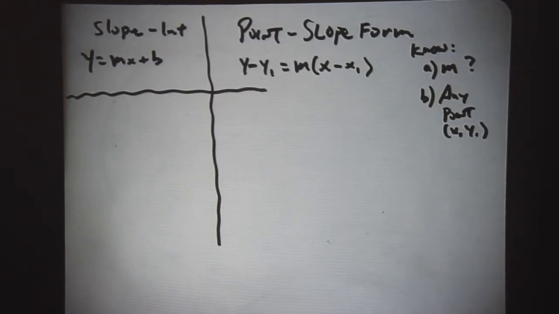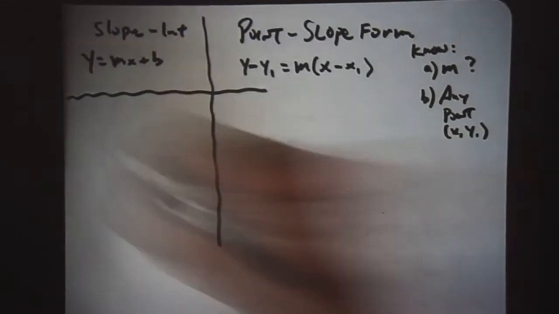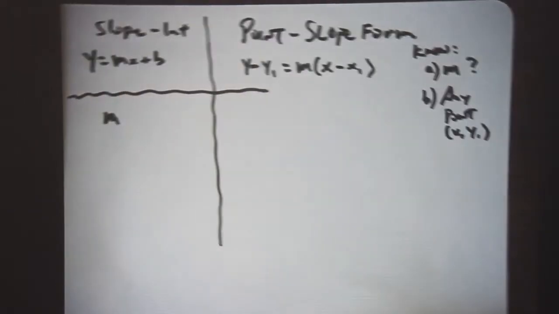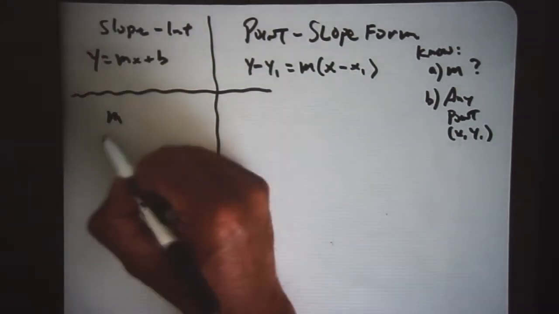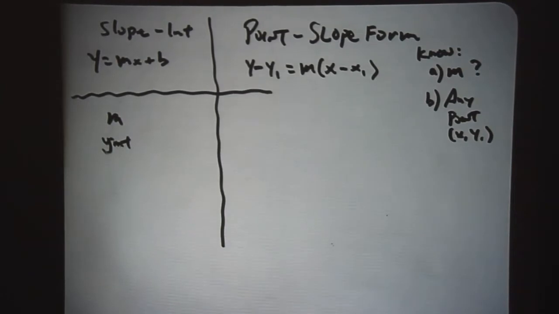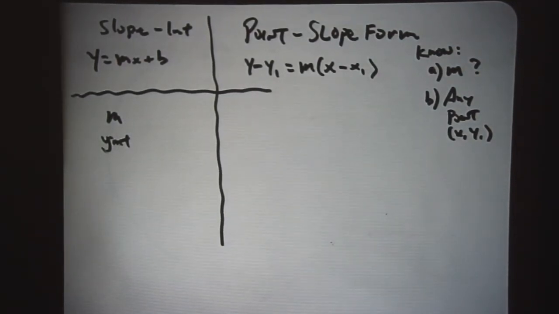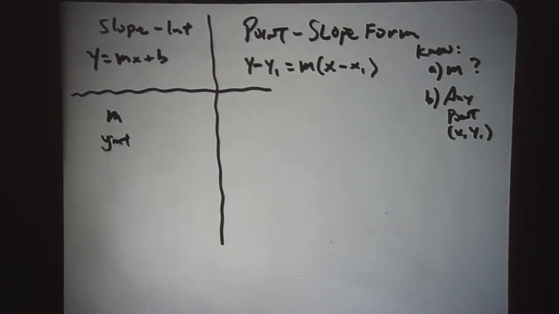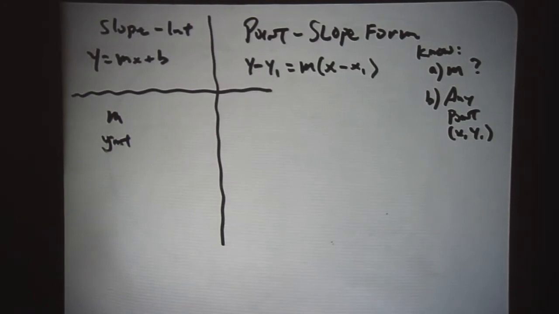Any point. Over here, you have to know slope. Of course, you always need to know slope of a line, but you needed the y-intercept specifically. You couldn't pick any point to plug in. You got to know the y-intercept, the b value, where it crosses the y-axis. If you're lucky enough to have some (0, b) value as one of the points given, then that's your intercept.